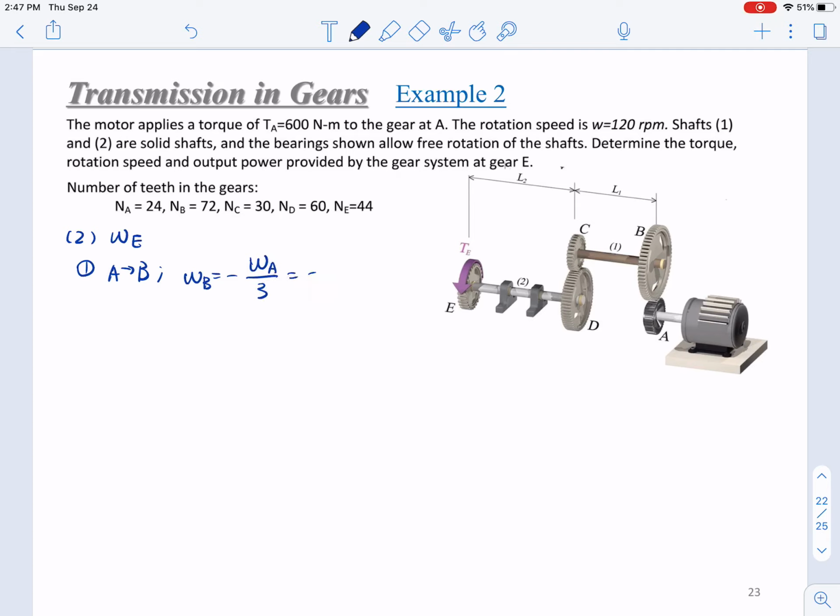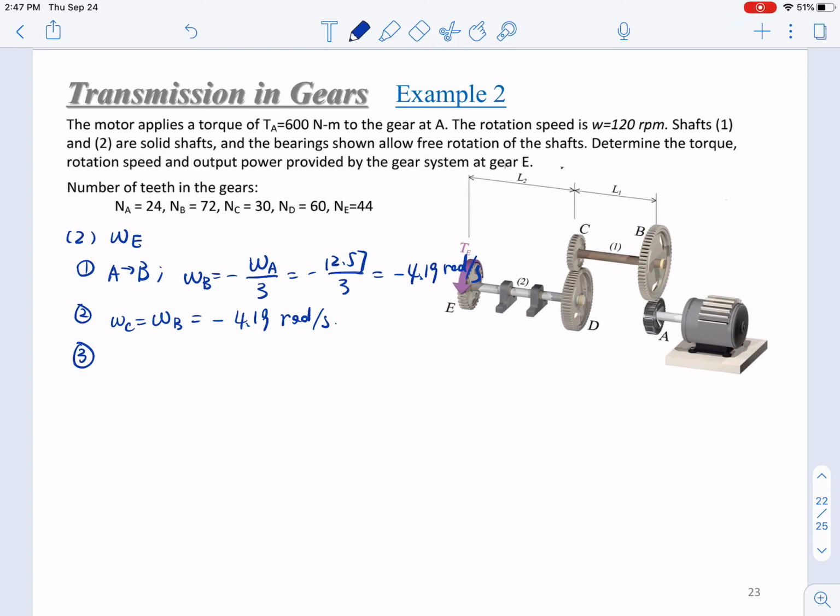Right, that is negative 12.57 over 3, negative 4.19 radian per second. Second step, omega C equals omega B. That is negative 4.19 radian per second.